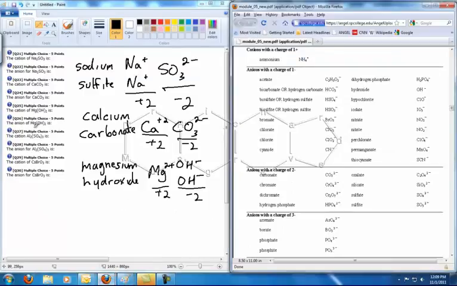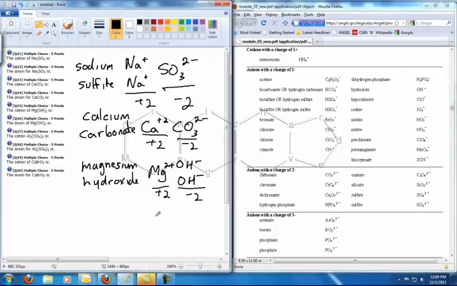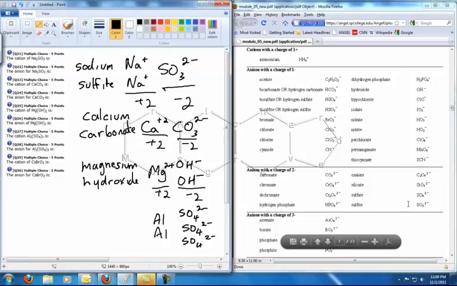Alright, so looking at the next one, we've got Al2(SO4)3. If I drew a picture of that, it would be 2 aluminums, and you see you've got SO4 with the 3 on the outside. Total -2, -2, -2. And I get that off here, SO4 is -2 from over here. Total charge, -6. Total positive charge, +6.